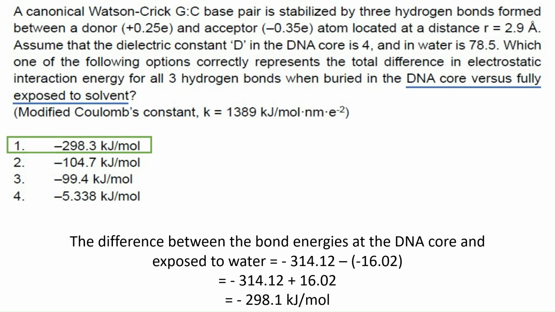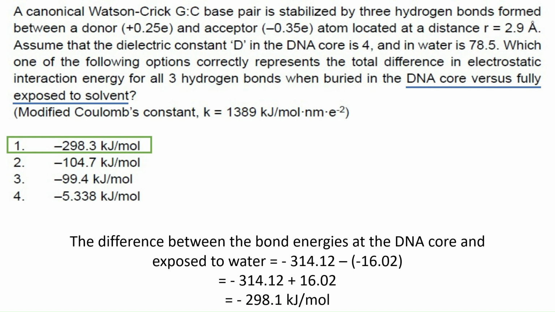This tells us the sequence of the numbers, because if we flip it and we start with the energy when exposed to water and take the energy at the DNA core as second, we'll get a different answer. So, when calculating the difference between two numbers, the question has already given us the sequence.